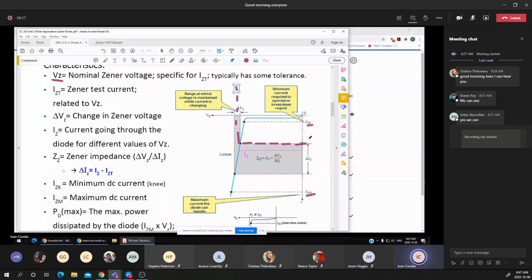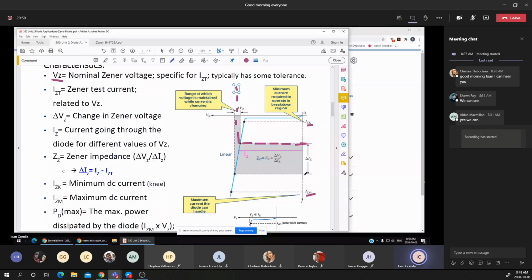What is the advantage of taking the IZT, or simply IZ, as half of the maximum current? Now, you notice that if I'm choosing the IZT, or the test current, closer to the IZ min, it means that I have a small swing between the test current and the minimum current, and a large swing in increasing the current from the test current to the maximum current.